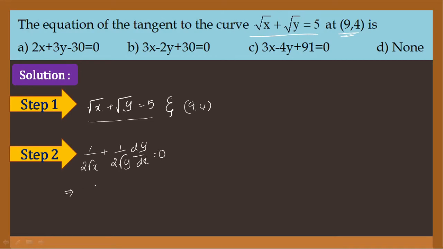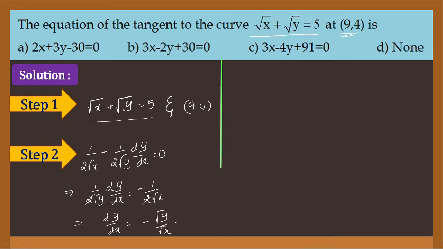This implies 1 by 2 root y into dy by dx equals minus 1 by 2 root x. Here the 2 gets cancelled. Dy by dx equals minus root y divided by root x.